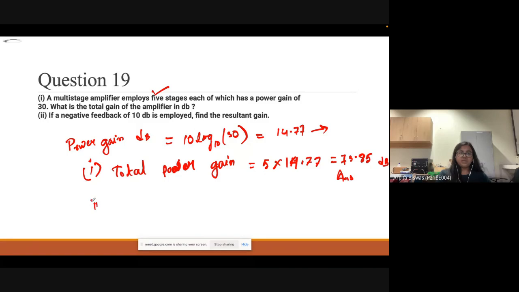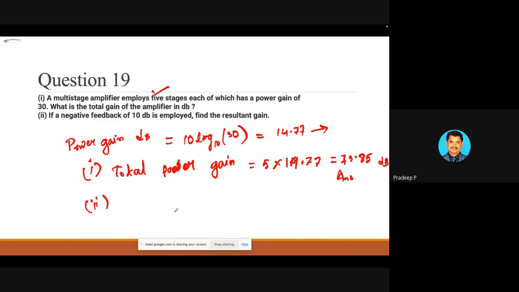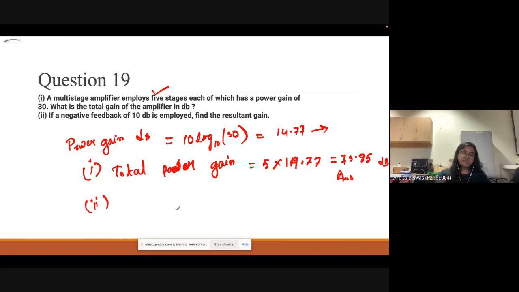And for the second case, if a negative feedback of 10 dB is employed, then find the resultant gain. Just find the total gain first. Now negative feedback of 10 dB is employed, then how will you find the resultant gain?